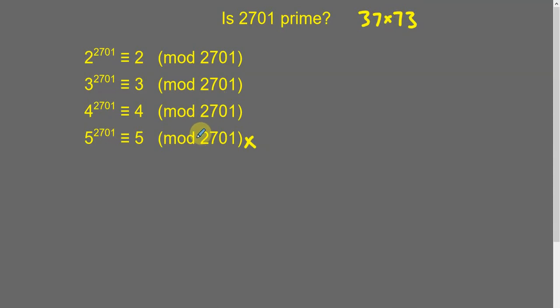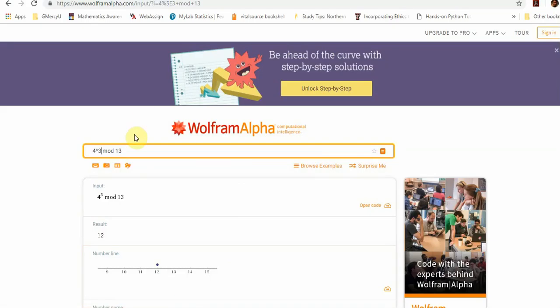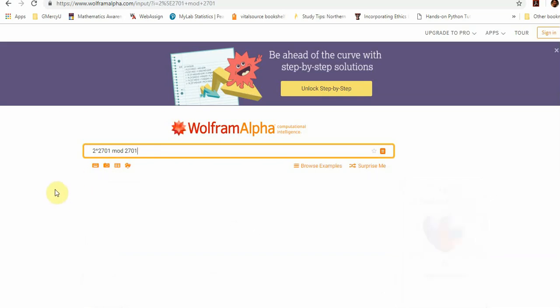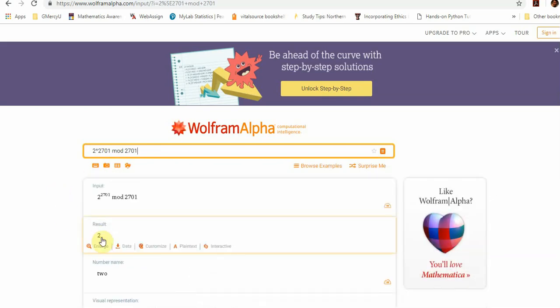But let me just start from the beginning, pretend we didn't already do that work, and let's do this upgraded test. So first we would check 2 to the 2701 is congruent to 2, mod 2701. So 2 to the 2701, mod 2701 is 2.